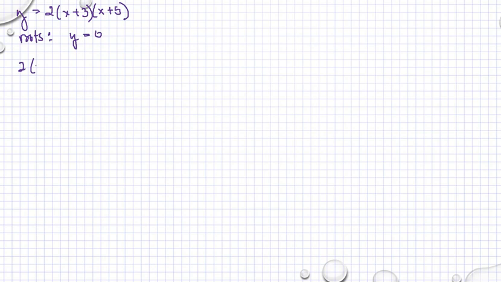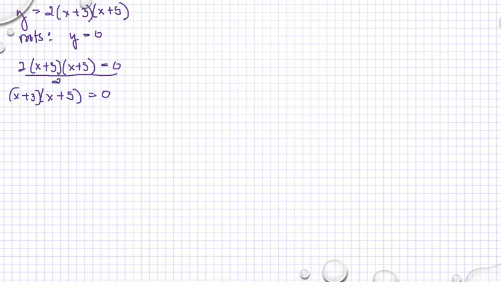Then we have 2 times x plus 3 multiplied by x plus 5 in parentheses is equal to 0. If we divide both sides of the equation by 2, then we have only x plus 3 multiplied by x plus 5 is equal to 0.